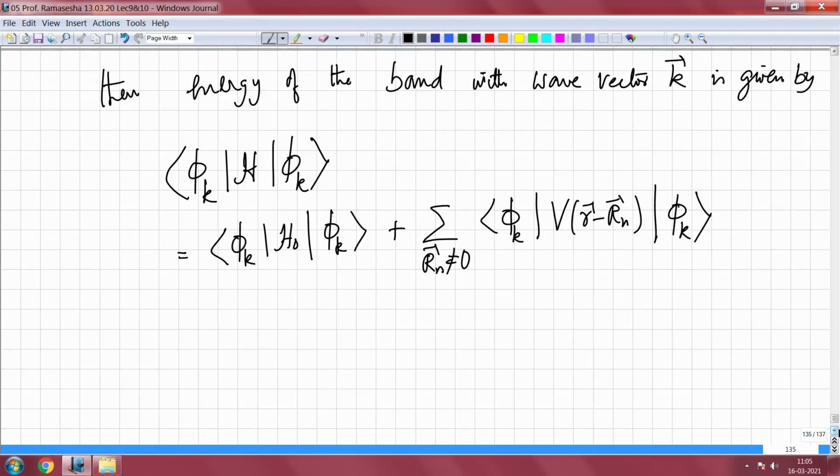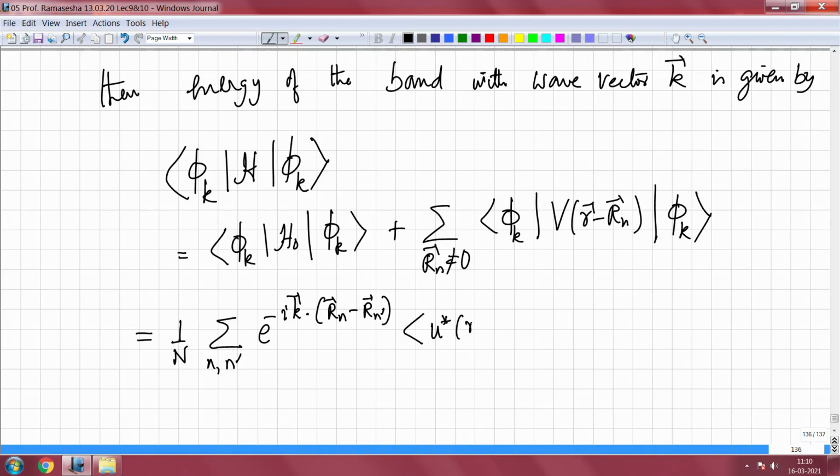So now this can be written as the following: 1 upon N sigma over n n prime e to the minus I k dot Rn minus Rn prime into the following: u star of r minus Rn times H naught plus sigma over n double prime V of r minus Rn double prime times u of r minus Rn prime.